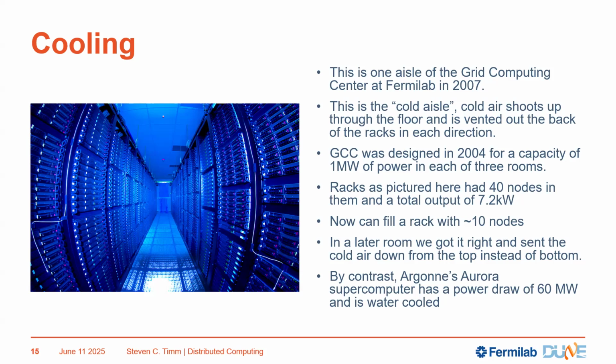But we can't get away with it anymore. Our next computer room, if they ever let us build one, is going to have to be water cooled. Things are just too dense to make the efficient use of your building. You've got to water cool. The Argonne Aurora supercomputer, which is in a computer room that's not all that much bigger than this, has got a power draw of 60 milliwatts, and it is water cooled.